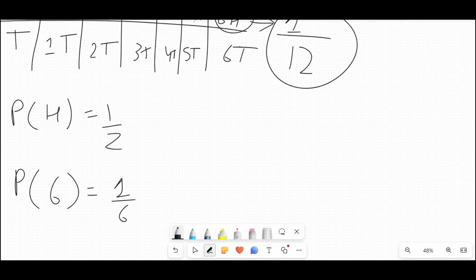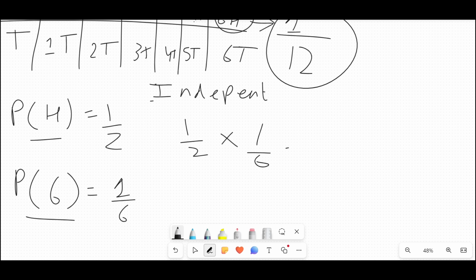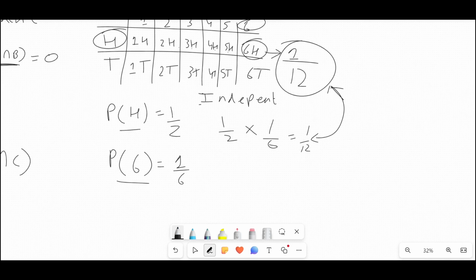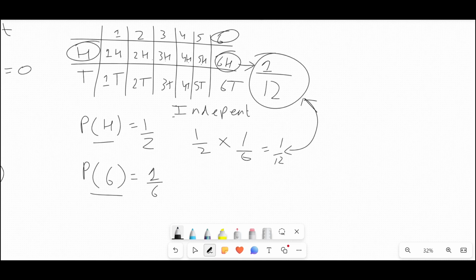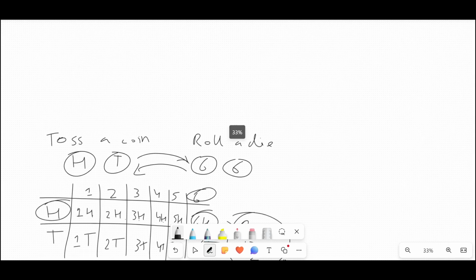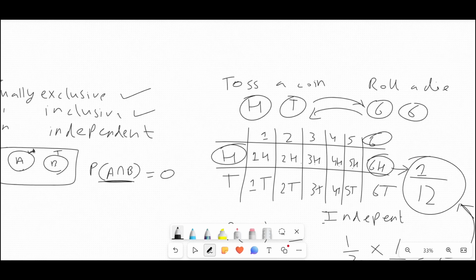And now if I have to check the probability of getting a head and a 6 in independent events, independent occurrences, I can multiply these two and still get 1/12. So this is the same as this, and the outcome of one does not have any effect on the other one. So that is what is meant by mutually independent sets.